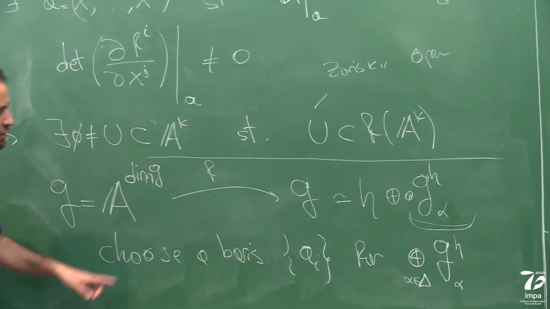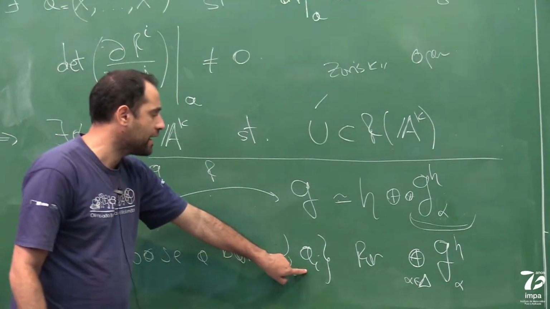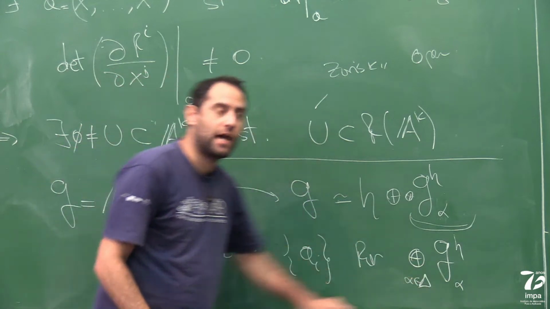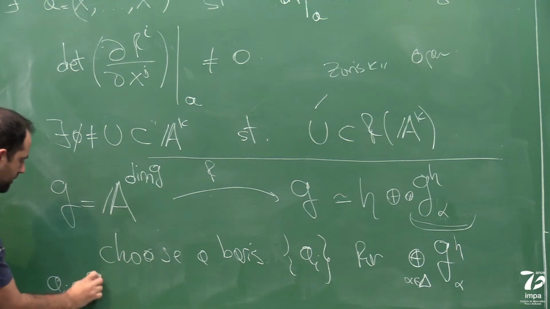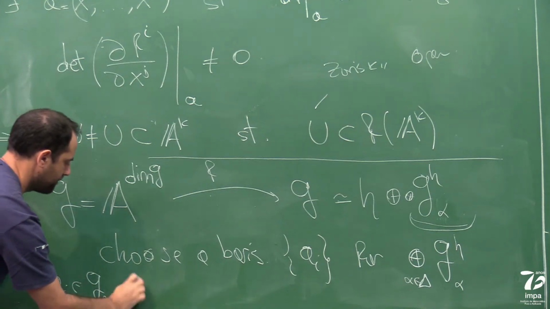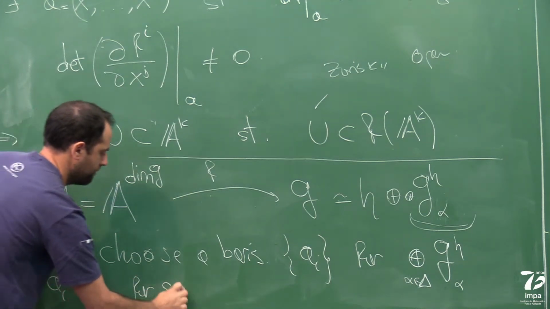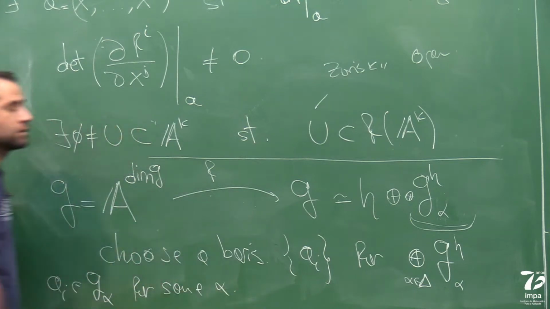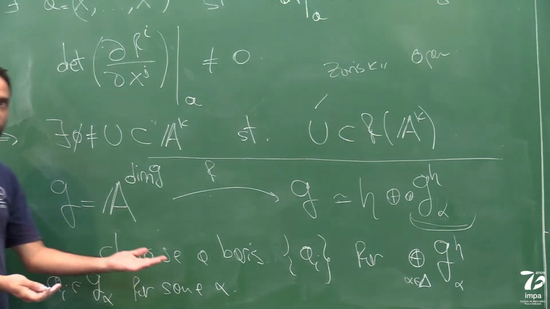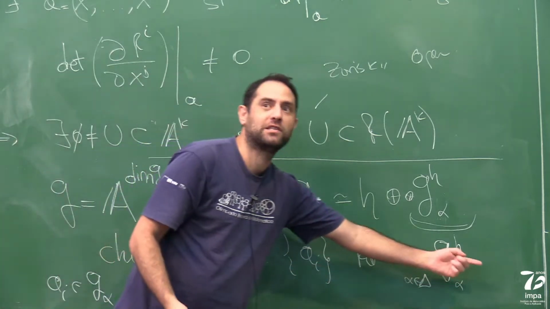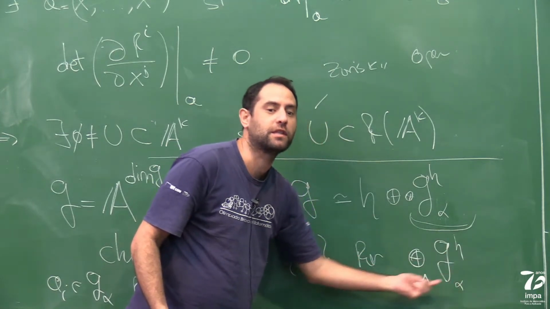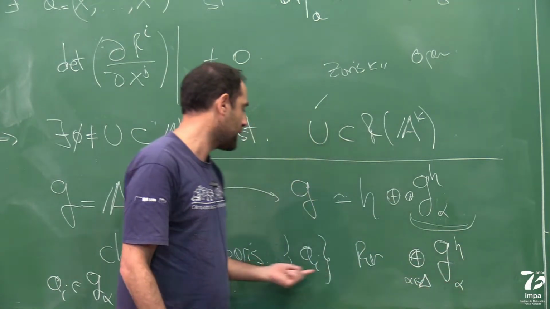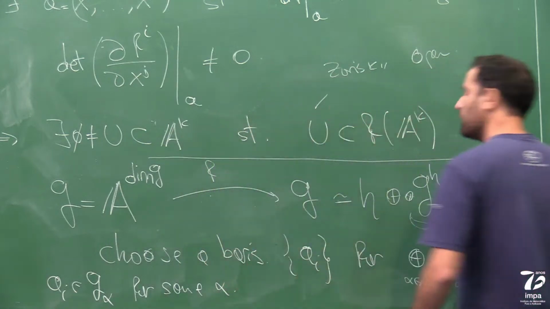The only condition is that you're going to require that each one of these A_i's is in one of the G alphas, for some alpha. So for example, you take a basis of G alpha 1, you extend it to a basis of G alpha 1 plus G alpha 2, and you extend it to get a basis of each one of these spaces. Take the union of all of those. So that gives you a basis for this sum.